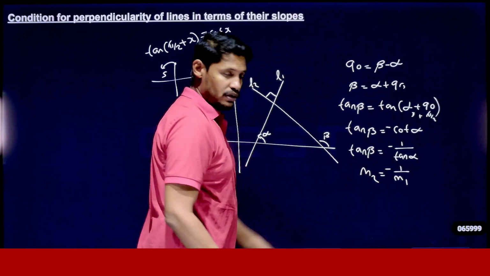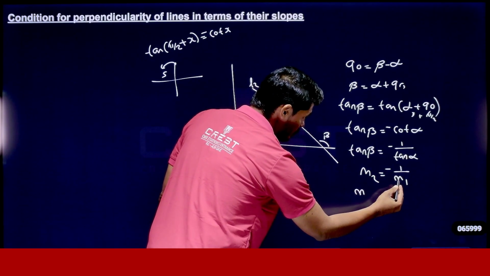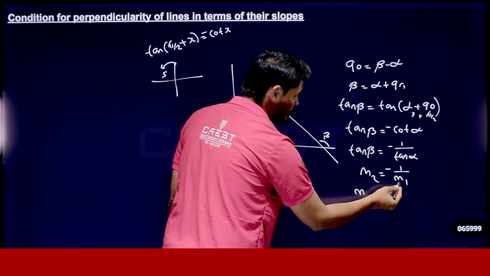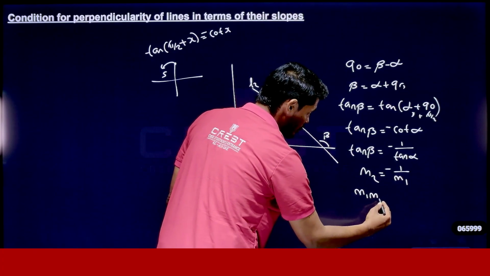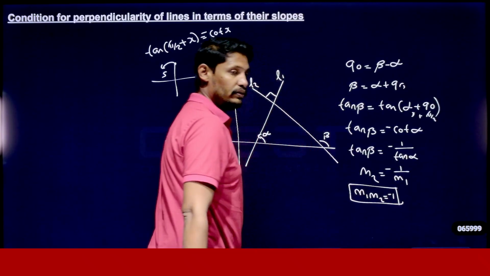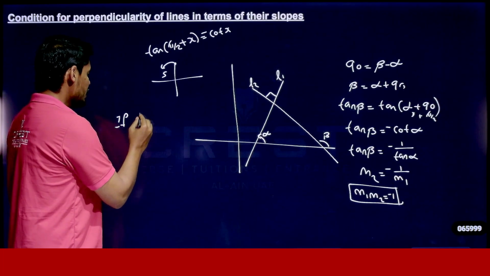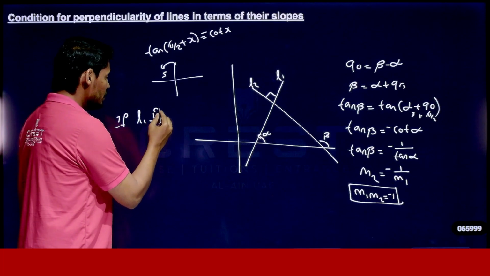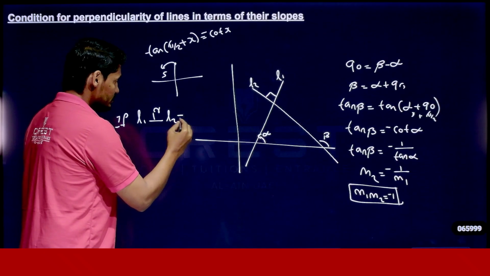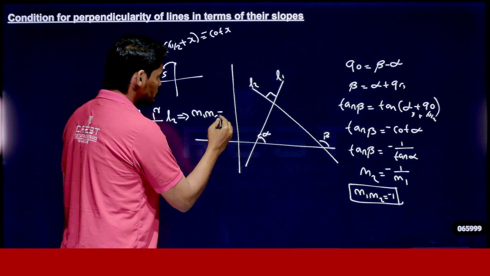When you multiply by M1 on this side, you will get M1 into M2 equal to minus 1. This is the condition for perpendicularity. That is, if two lines L1 and L2 are perpendicular, the product of their slopes is minus 1.